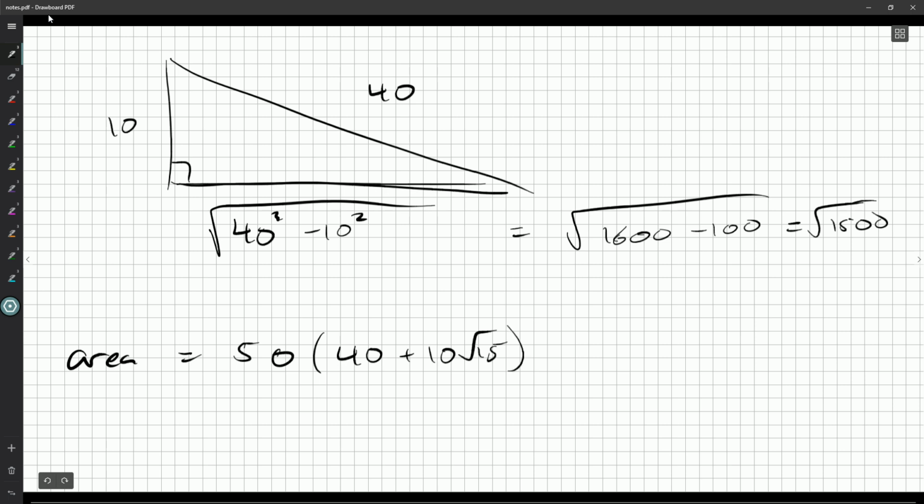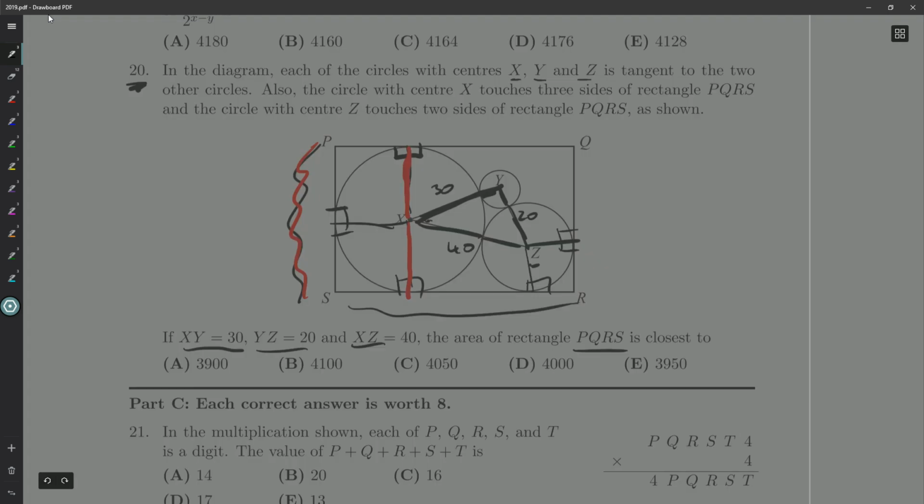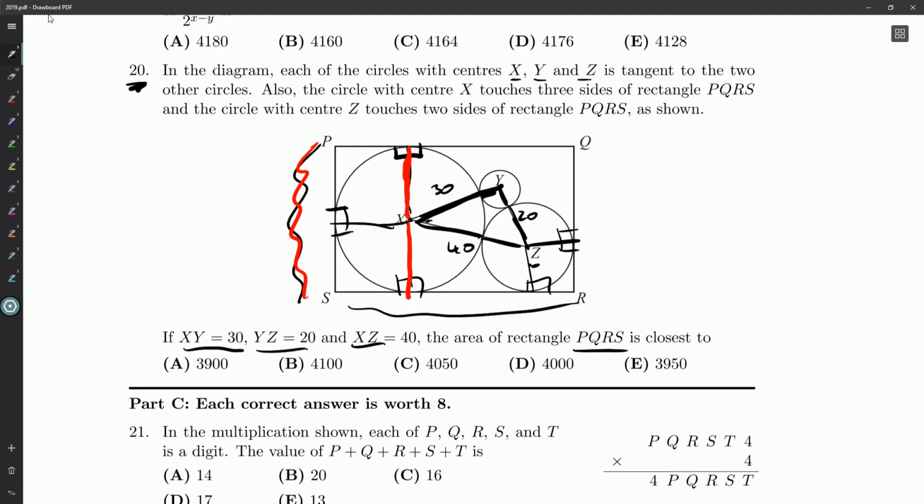I think they said closest to, not exact, right? Because I did see a bunch of integer answers. So I grab my calculator: 50 times (40 plus 10 times the square root of 15).